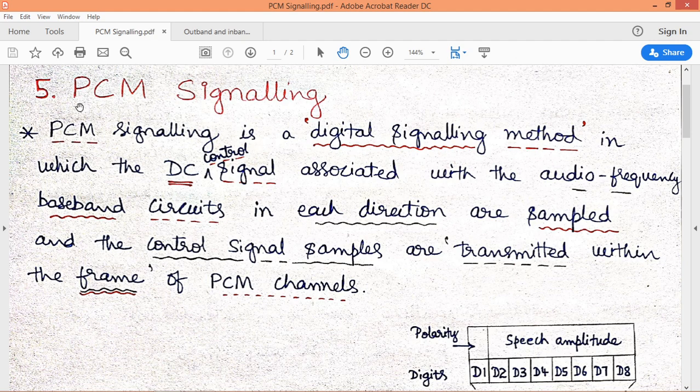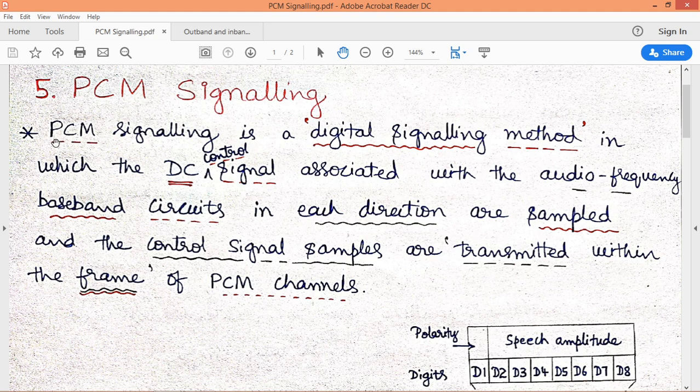In pulse code modulation we have an analog signal, which is sampled at a high frequency at different instants, and then each sample is quantized and each quantized level is encoded with the help of binary digits. That results in the PCM signal, which is a digital signal.